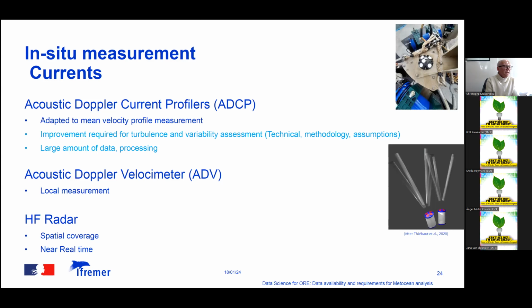And the third system we can use is HF radar, which offers a relatively wide spatial coverage. We're talking about a few tens of kilometers, up to 100 kilometers. It provides near real-time information, but the grid is probably not always refined, between 1 and 2 kilometers. Still, it's relevant information for surface current.